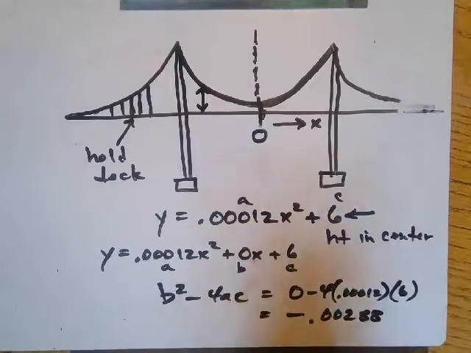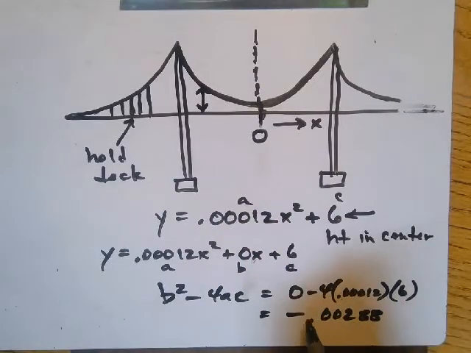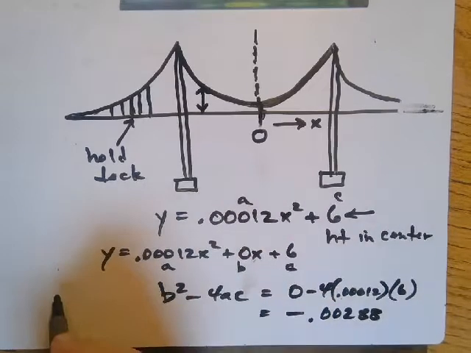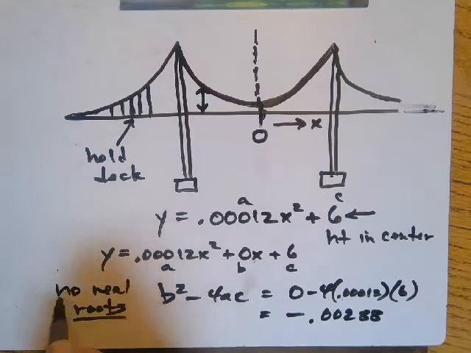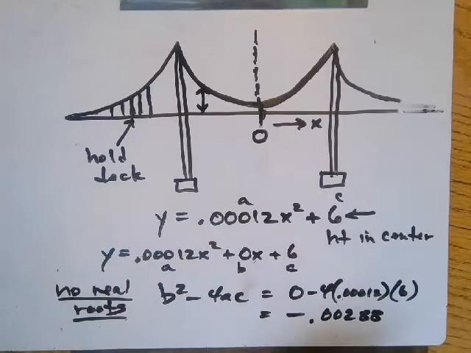Well, what that means is that this discriminant tells us that this has no real roots. No real roots. Now, why is that important?